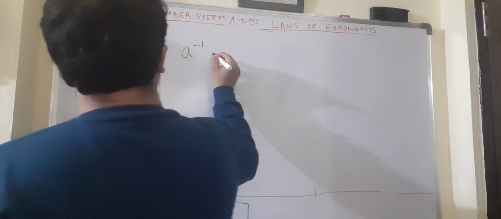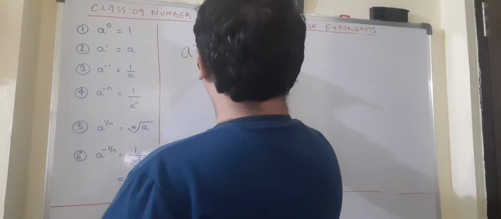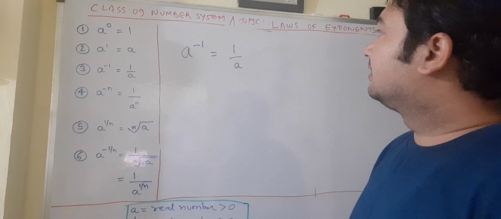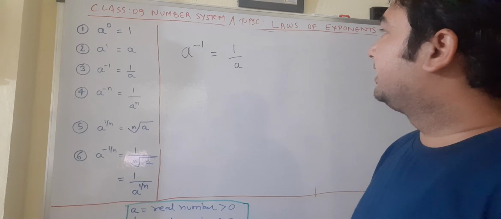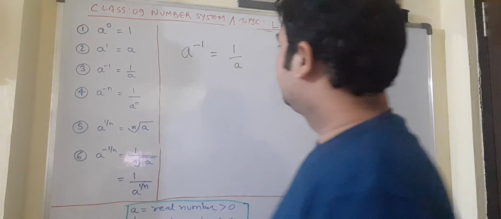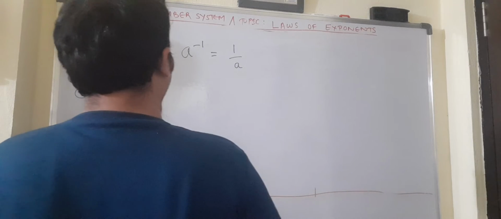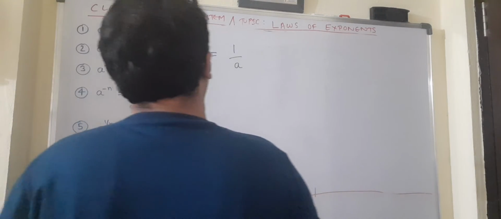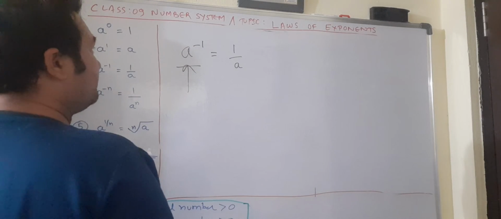Next, a raised to the power minus 1 equals 1 by a. How does a negative power make it a reciprocal? To know this, first consider how you will get a to the power minus 1.